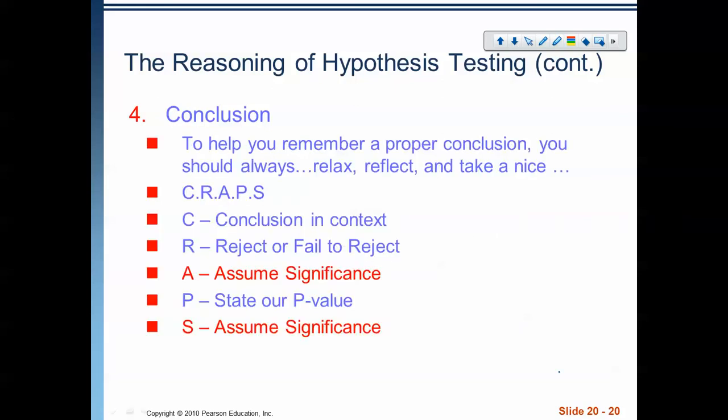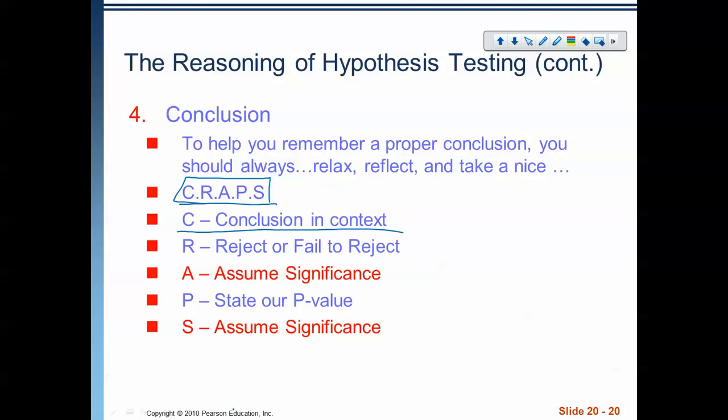To help you remember the proper way to write a conclusion, there's a nice little acronym here. Remember, we want to finish up our process, relax, reflect, and take a nice CRAPS. Okay? So take a CRAPS, because when we take a CRAPS, we write a good conclusion. The C, we need to write in context.